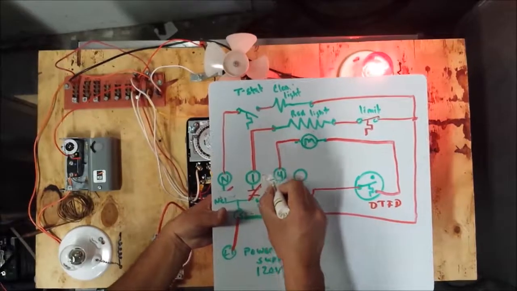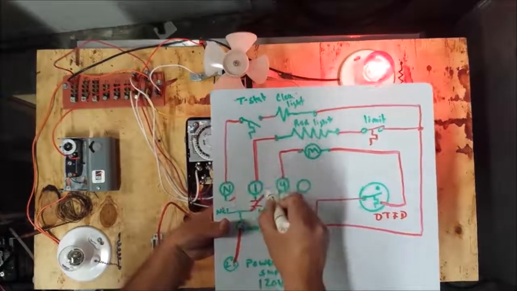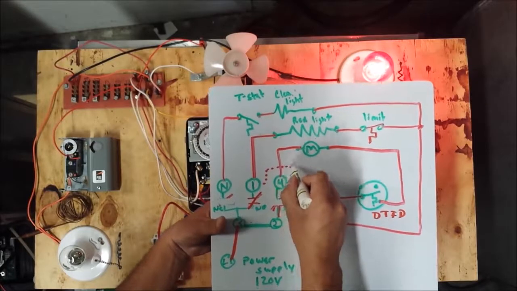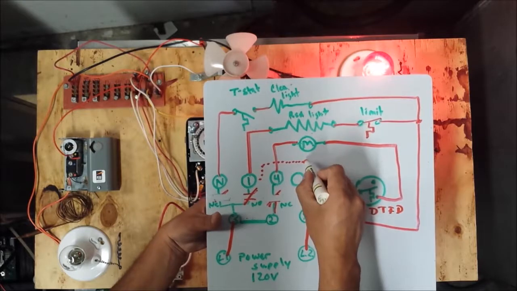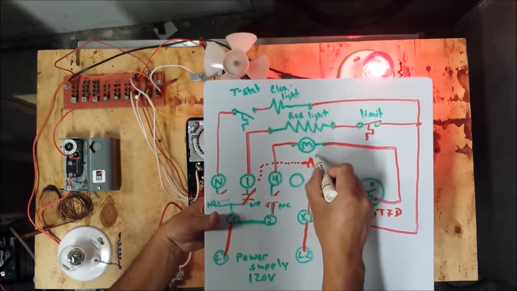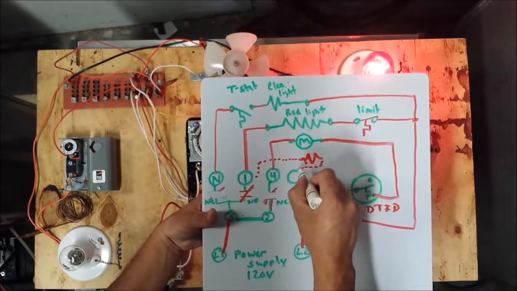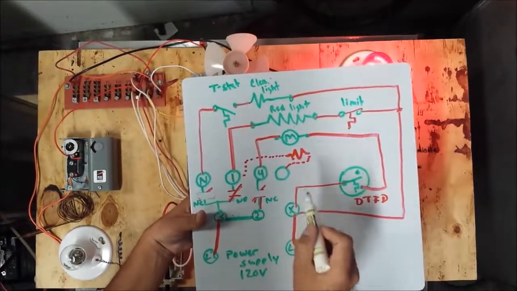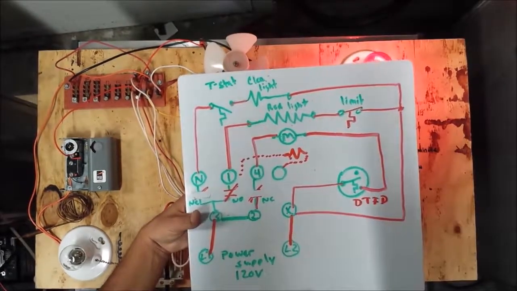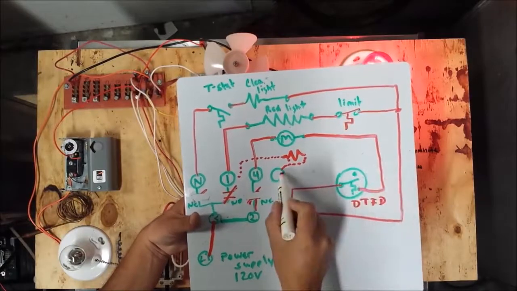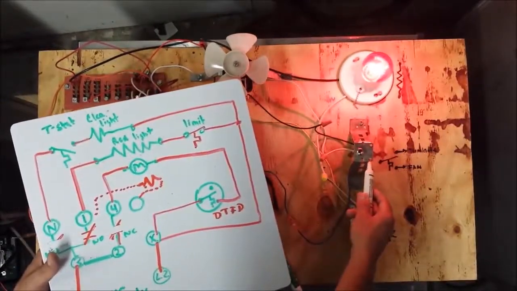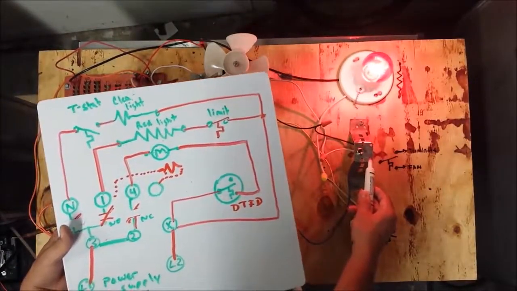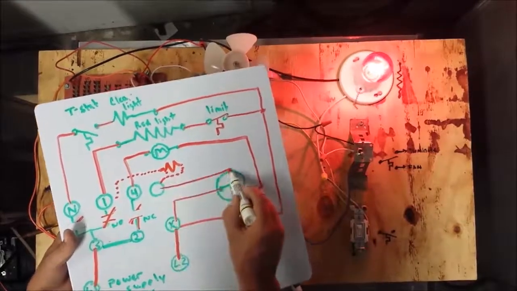So I'll just do that by dashed lines representing wiring behind it. And that goes to the coil, and then that goes back to this piece here. Okay? And this wire is going to hook up from our blank terminal here to our other side of our defrost terminator or fan delay control switch. So we'll put that like so.